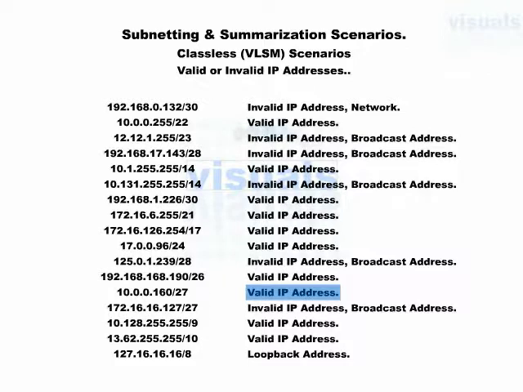So 10.0.0.128, this is the network. Valid IP addresses are from 129 to 159, I think. I am sorry, very confused with this example. Let me compute it.